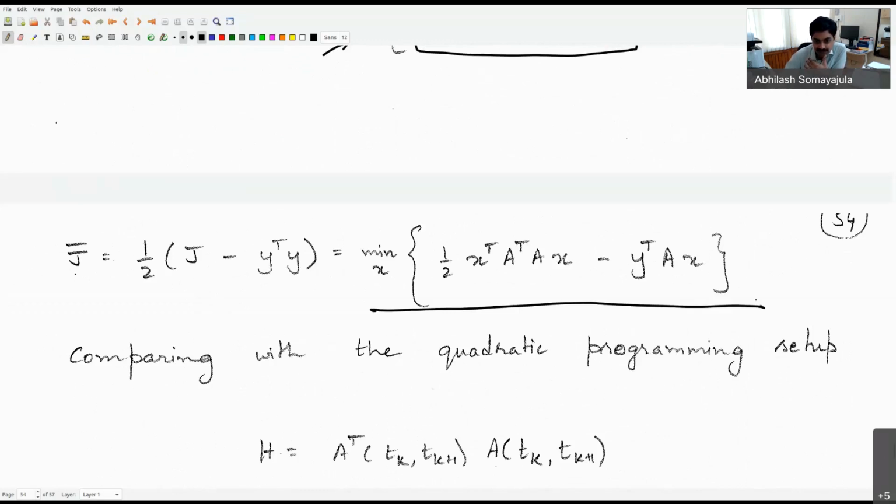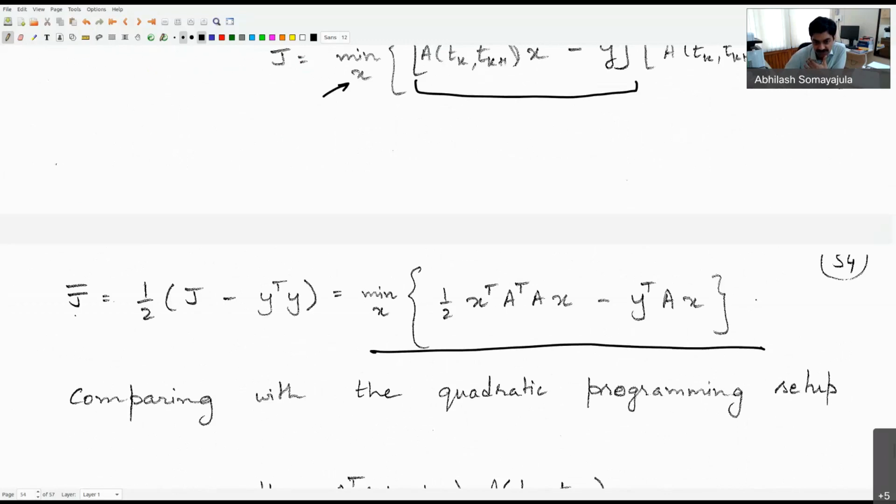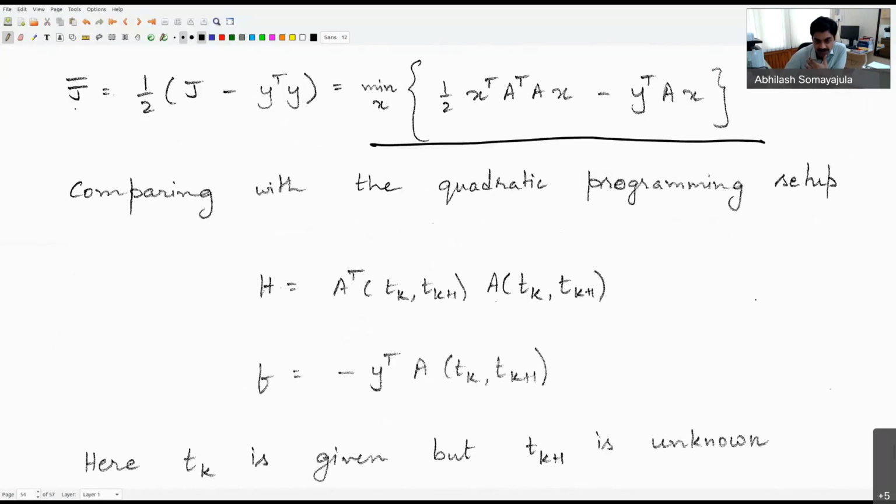Now if you compare this with the quadratic programming approach we had seen before, you'll observe that in quadratic programming, that H matrix where we had half of x transpose H times x, that H is nothing but A transpose A in this particular problem.